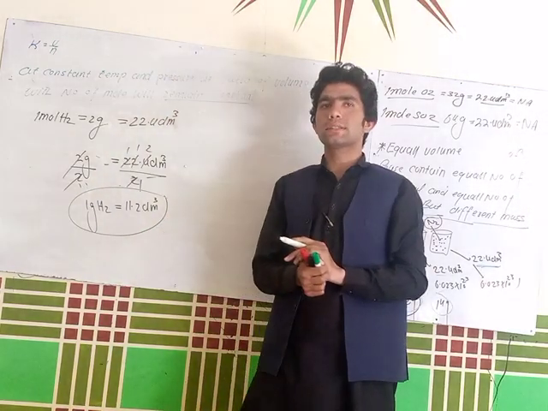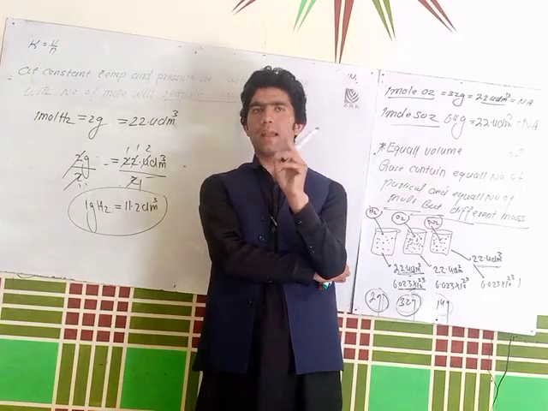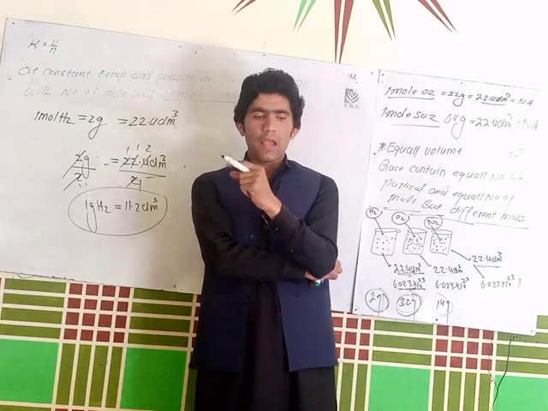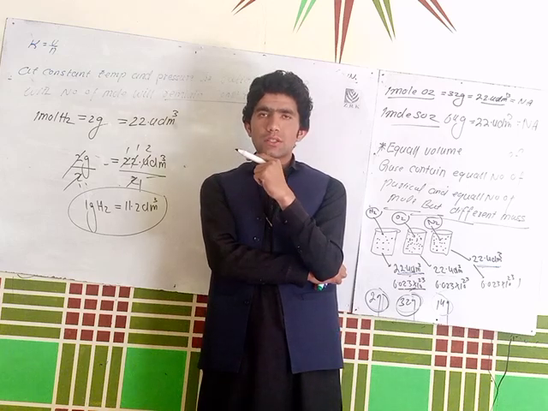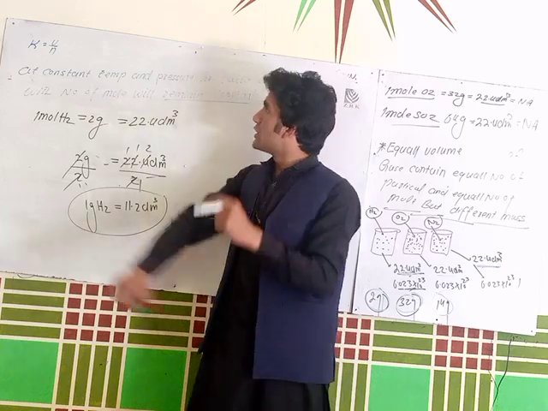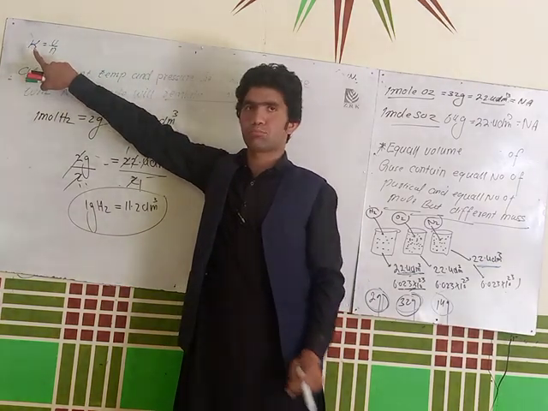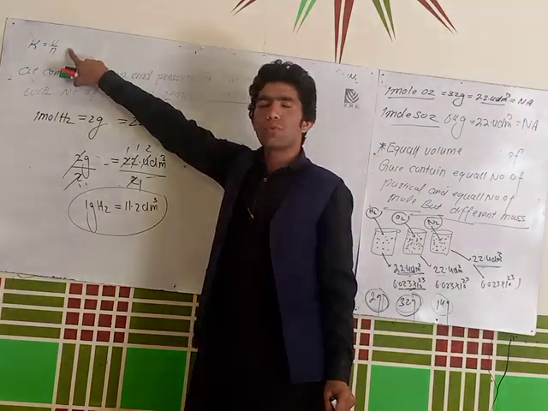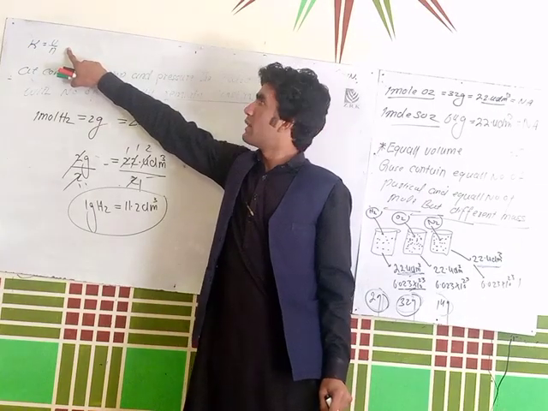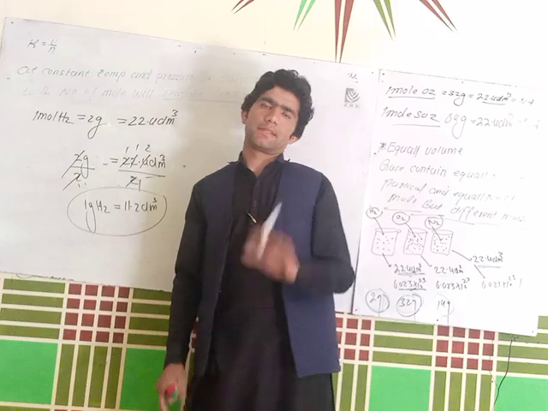If we don't change these two factors, the first one temperature and the second one pressure, then the ratio of volume to the number of moles will remain constant. If we change any one of these two factors, then the volume to number of moles ratio will not be constant.